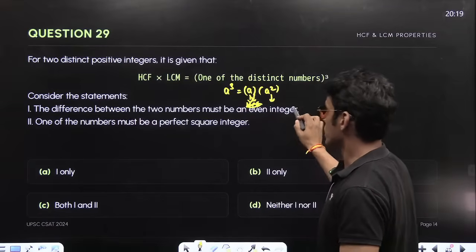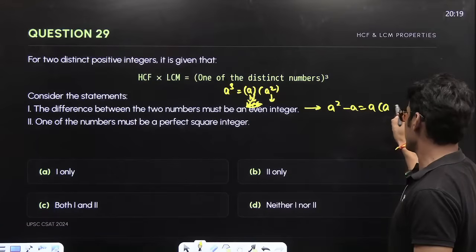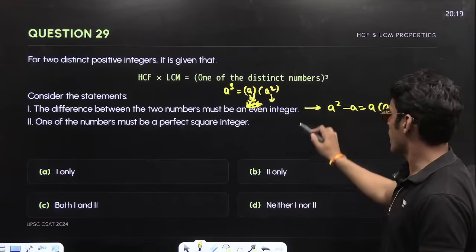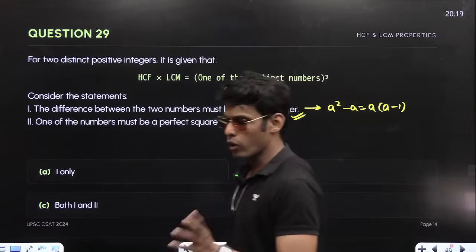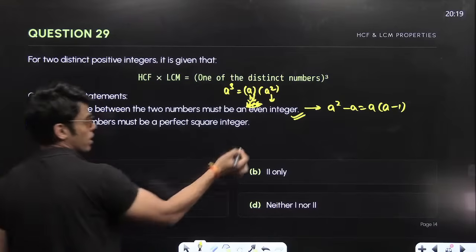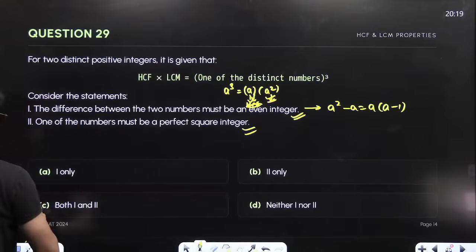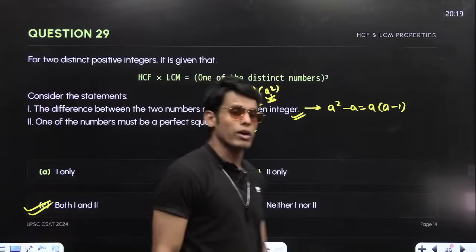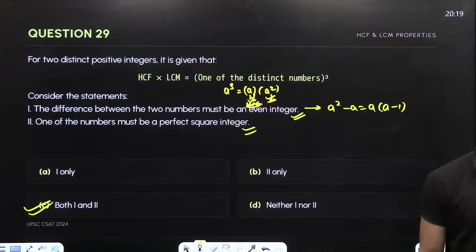So see, the difference between the two numbers is the product of two consecutive numbers, and it will be an even integer. The product of two consecutive numbers is always even because one of them will be even. Then one of the numbers must be a perfect square, which we are getting. So this is also correct. So both these statements are correct. Both 1 and 2 are correct in this problem.